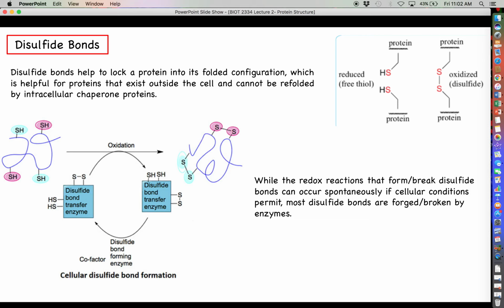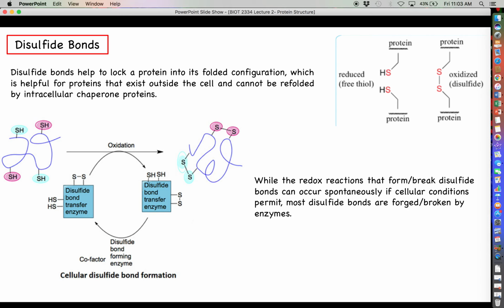So whether we have disulfide bonds or not, it's going to basically depend on the balance between oxidation and reduction inside the cell. So you learned back in probably both General Chemistry 1 and General Chemistry 2 that a lot of chemical reactions are the result of the transfer of electrons, both oxidation and reduction.